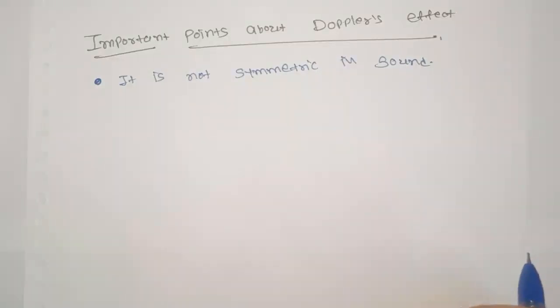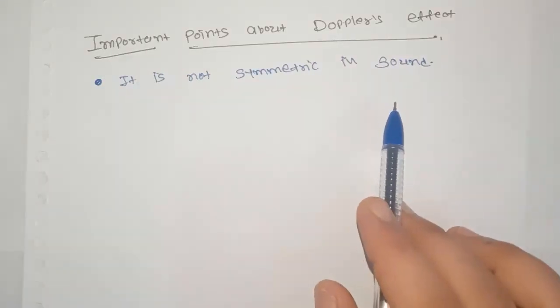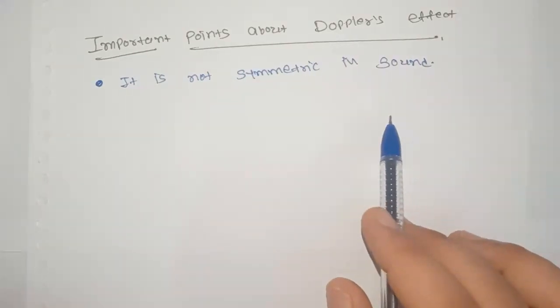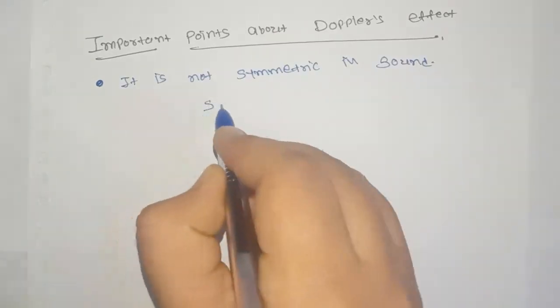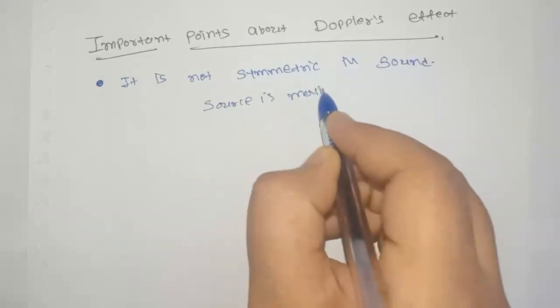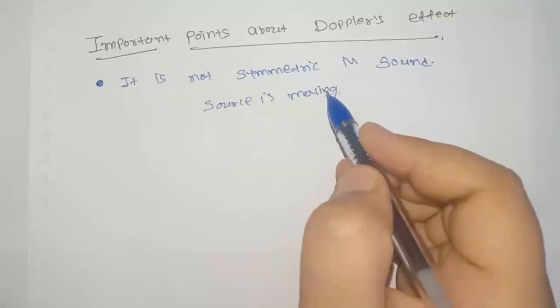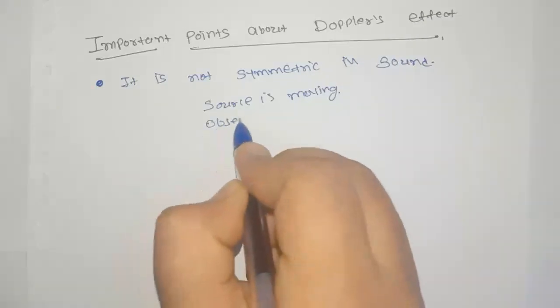Now let us see some important points about the Doppler's effect that we have learned. First, it is not symmetric in sound. For example, consider two cases. One in which source is moving, and the second case in which observer is moving.